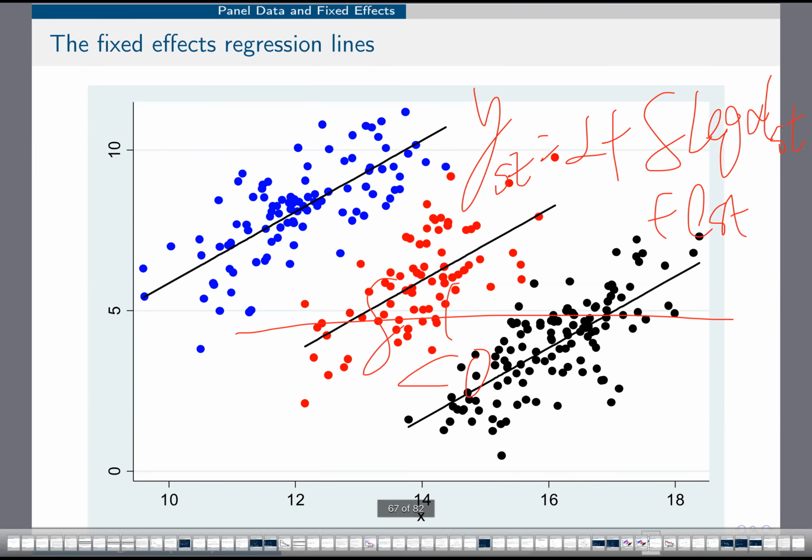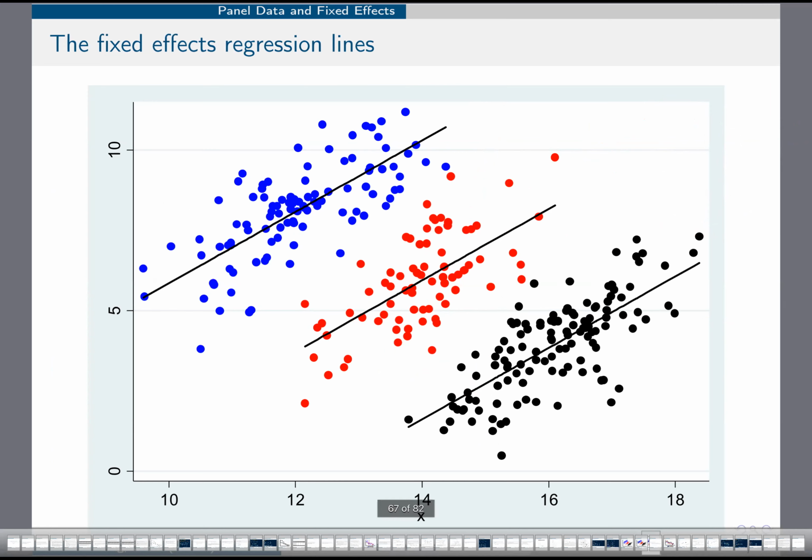What about if we control for the fixed effects? If we add the fixed effects to this model, the fixed effect of state and also the fixed effect of year, then it's like this.